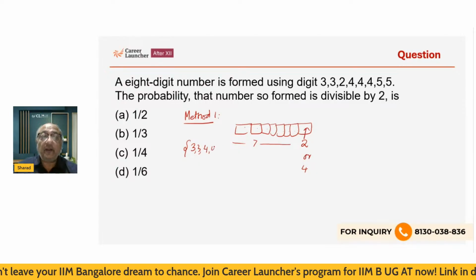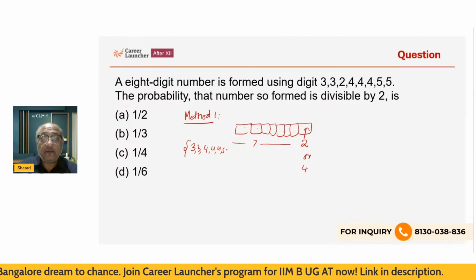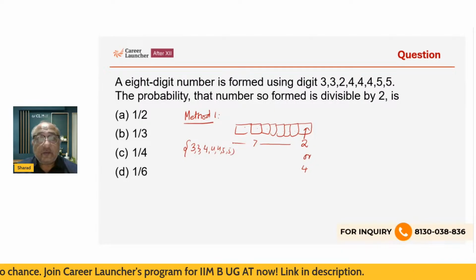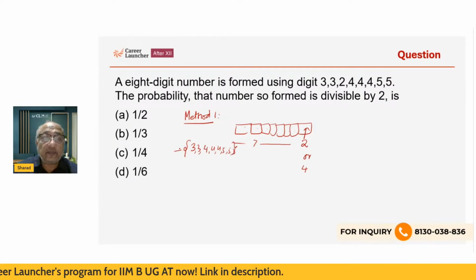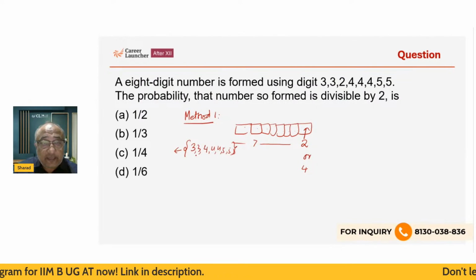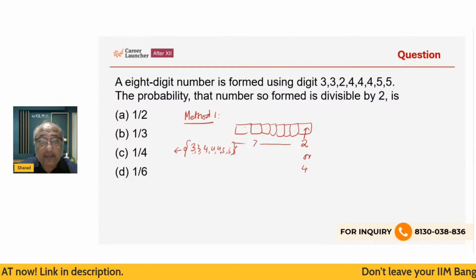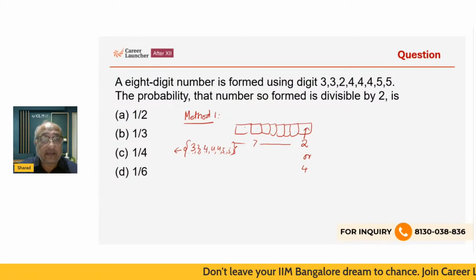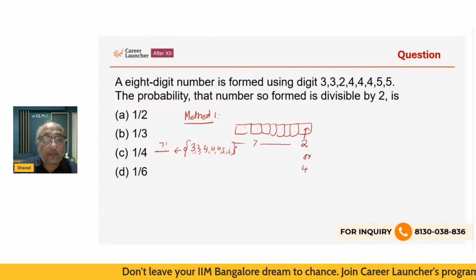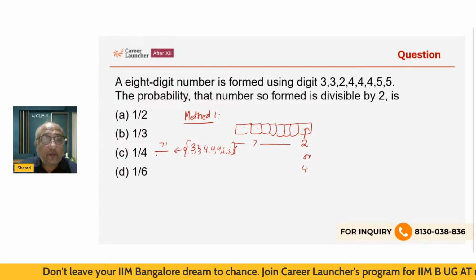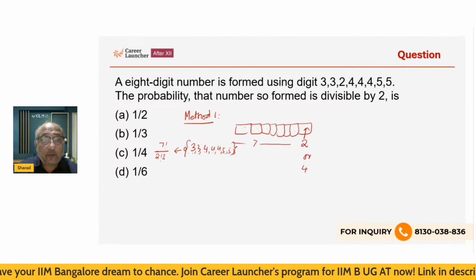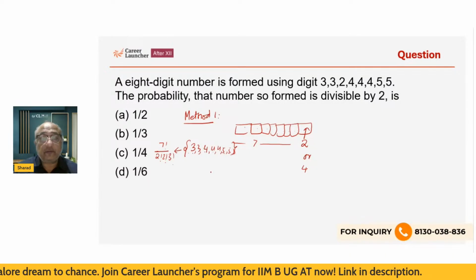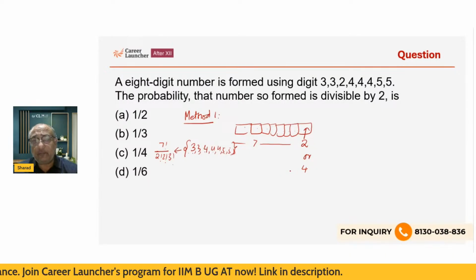So 4, 4, 4, 5, 5. So in how many ways can I form this? How many are these? 1, 2, 3, 4, 5, 6, 7. 7 factorial upon 2 factorial into 2 factorial into 3 factorial. So sorted. Where is the problem? No issues.